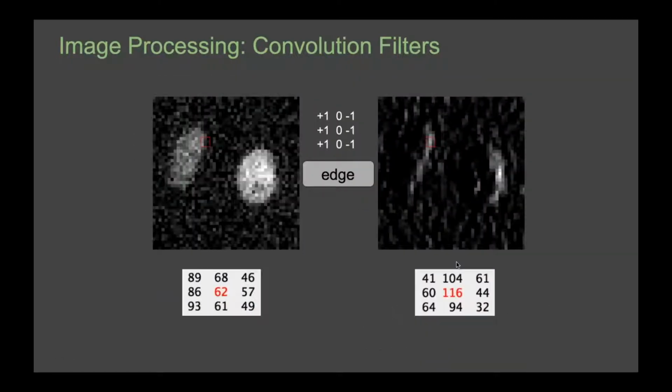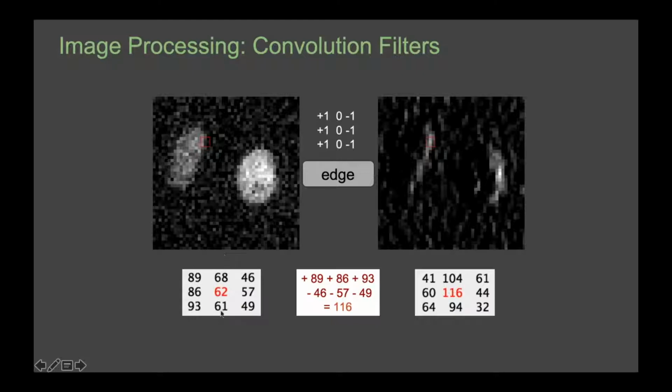Just as another example, this is also a very famous convolution filter. It's a so-called edge detection filter. So here we have now a much more interesting filter. We have +1s, 0s, and -1s. And the recipe is the following now. If I want to get a new value here in the middle, I take the values on the left and I multiply all of them with +1.